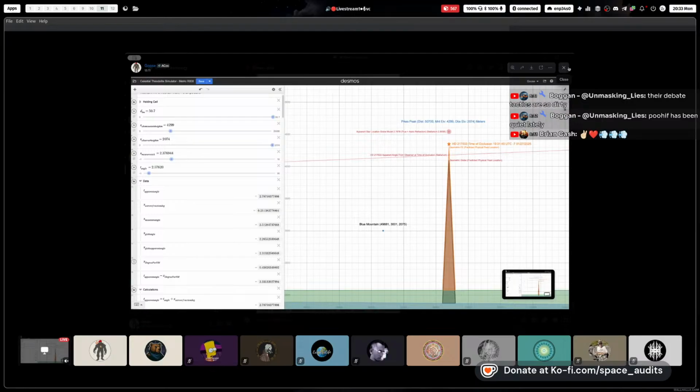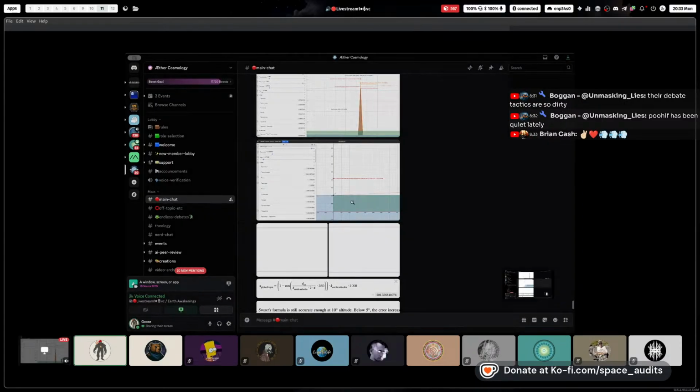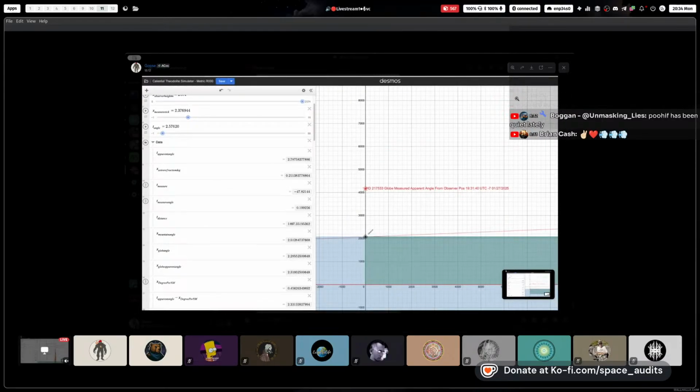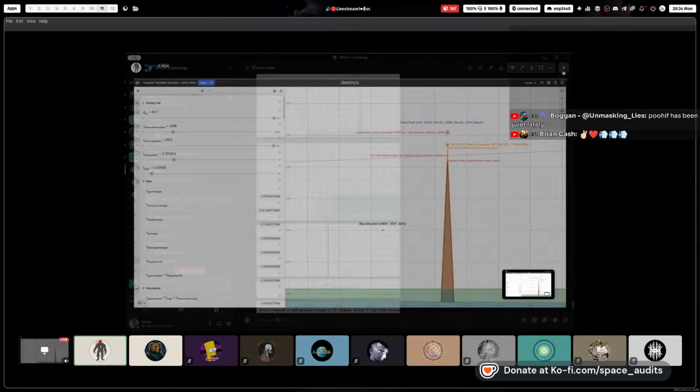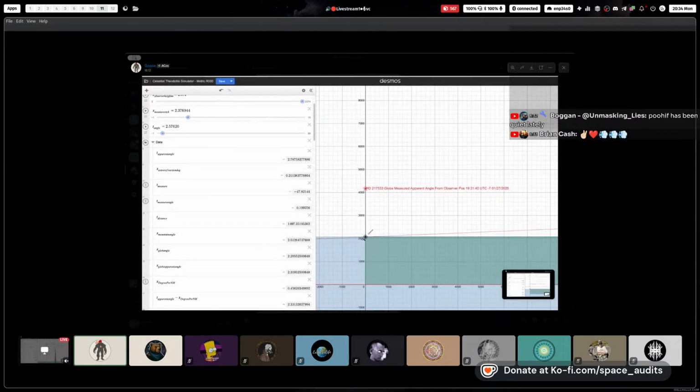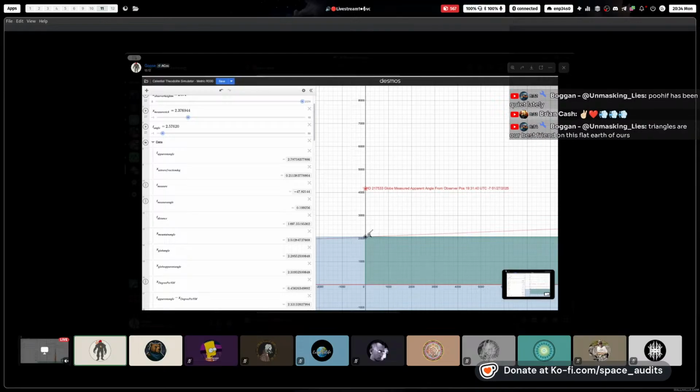For some reason, the globe wants to be over here, and all the action is over here. Over here, you might as well just be taking your sextant and having a reading there. You're just doing sextant measurements.